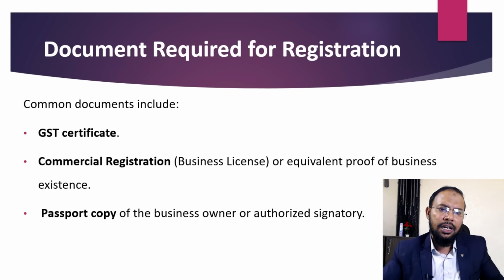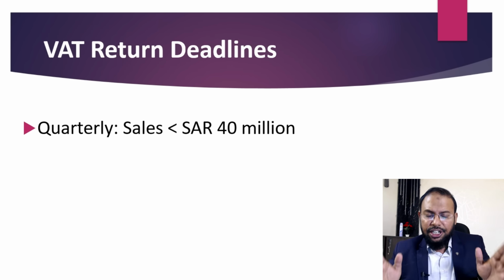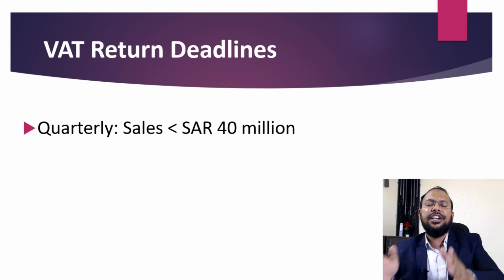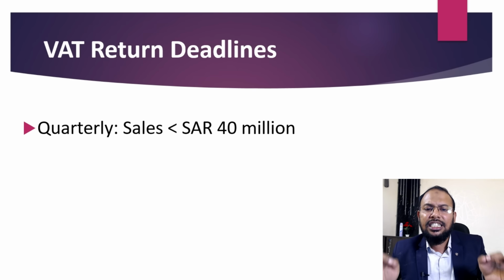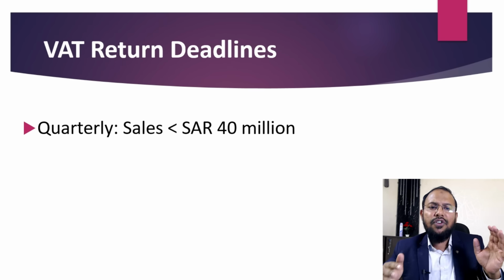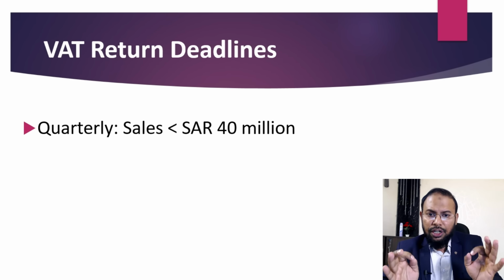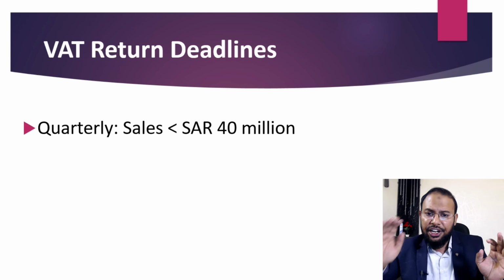Third is very important. If you have already taken VAT registration in KSA, you have a responsibility to file the VAT return on time. If your sale is less than SAR 40 million, you have to file your VAT return on a quarterly basis. You need to understand this is the threshold: SAR 40 million.